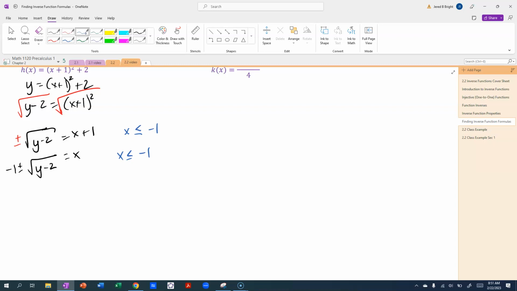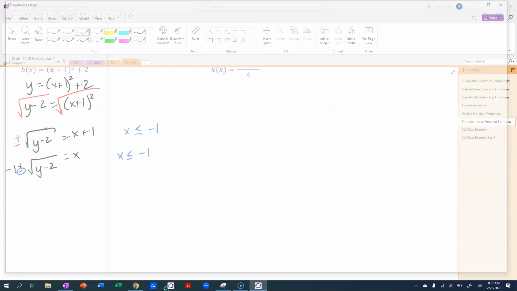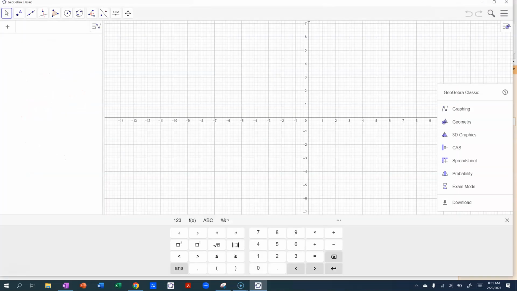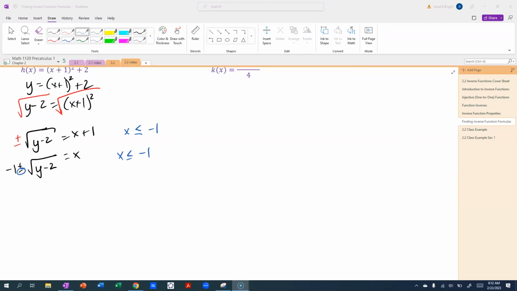But if it has to be less than -1, I need to get -2, -3, -4, whatever, for x, which means the only way I can do that is if I use the minus sign. If I do -1 plus, I'm going to get values that are larger than -1, and it's not going to fit this criteria.